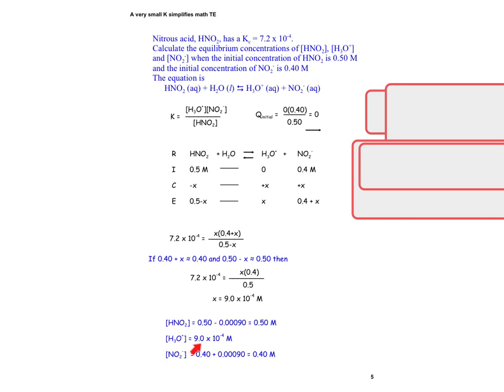And hydronium is 9 times 10 to the negative fourth molar. Again, two significant figures. And what we're going to see in the next unit when we look at acids and bases is that now we're going to be able to find the pH using equilibrium. I hope that learning about this simplification when we have a very small K will make some of the problems easier. As always, if you have any questions, let me know.